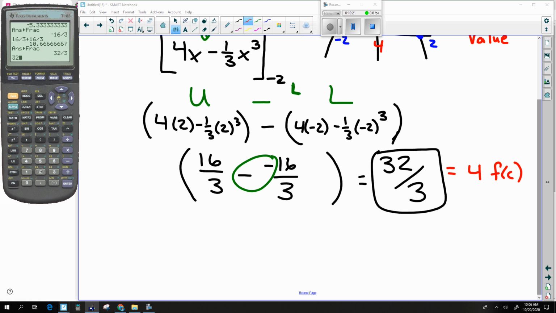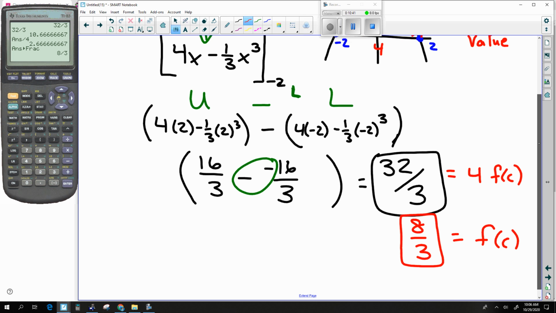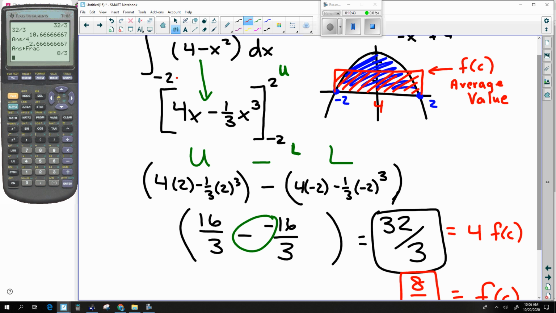So if I have 32/3, and I ultimately have to divide by 4, the average value is going to be 8/3. That's the average value of this. So this would have to have a value of 8/3 for the area of the rectangle to be equal to the area of the curve. And that height is an average value.